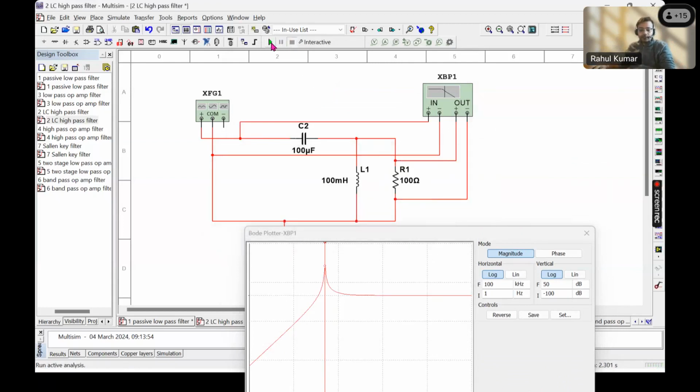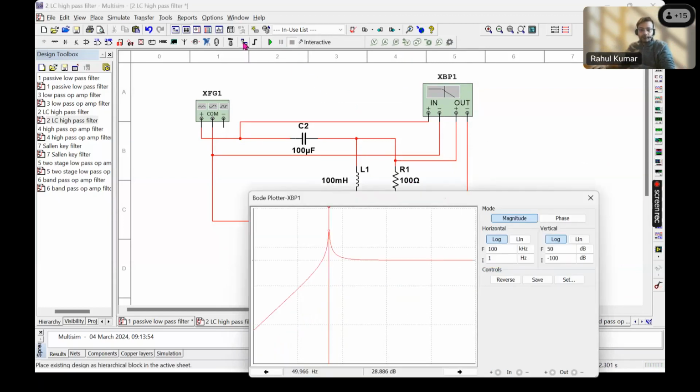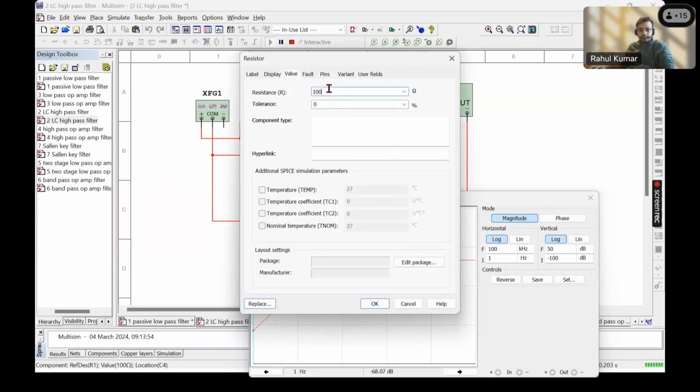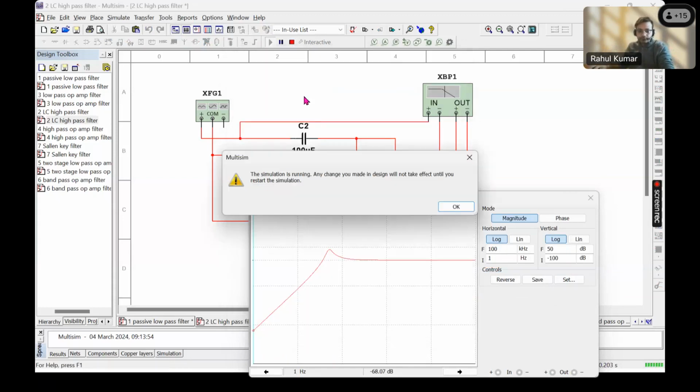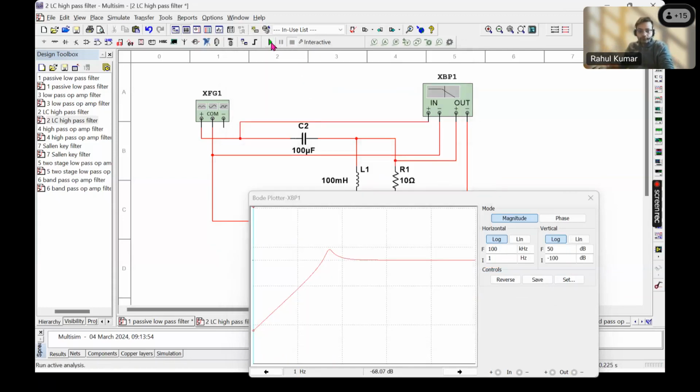I have to stop it, and then run this again. As you can see, when we reduce the value of resistance, the peak reduced. And again, if we change it to maybe 10 ohms, at 10 ohms the peak disappears.